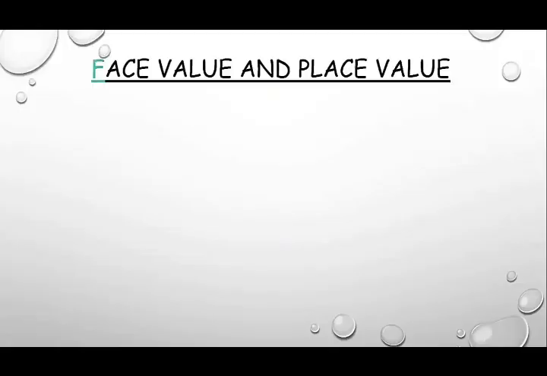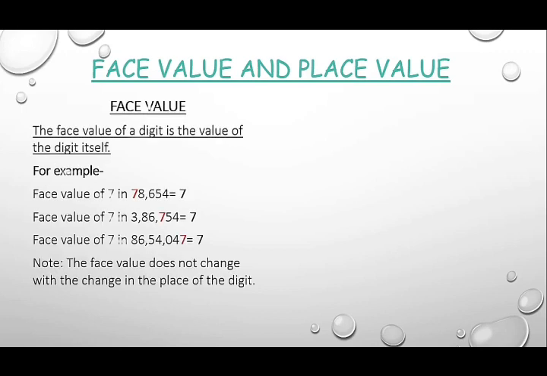Now we will learn face value and place value of a digit. The face value of a digit is the value of the digit itself. See these examples. Face value of 7 in 78,654 is 7. Here 7 is in 10,000s place.